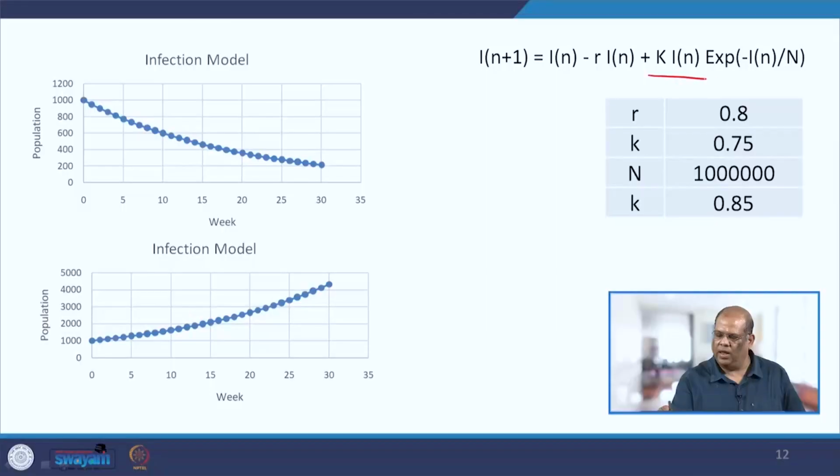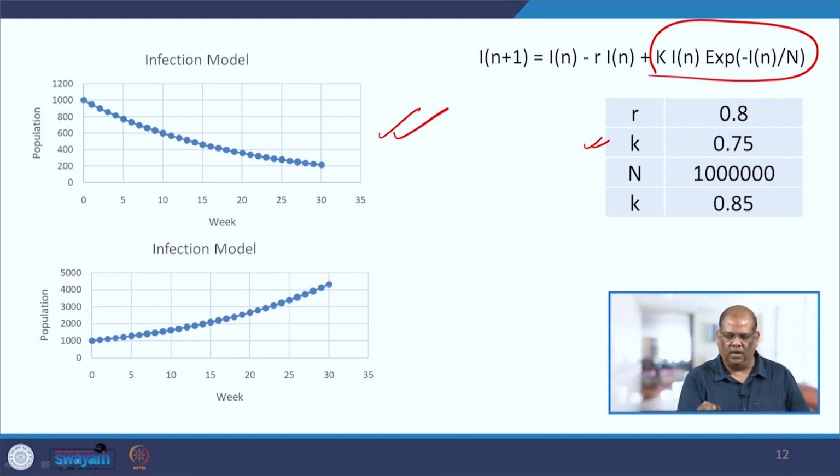Now, where the law changes to k times I_n multiplied by exponential of minus I_n by n, in that particular case, I have taken the value of k to be 0.75 and this is the graph which I get. It starts with 1000 and with k equal to 0.75, I see that the system is stable about the equilibrium point I star equal to 0.